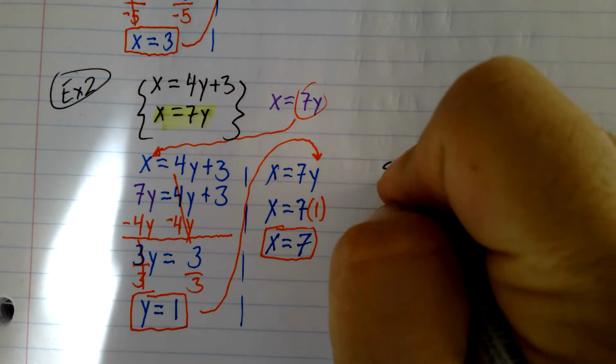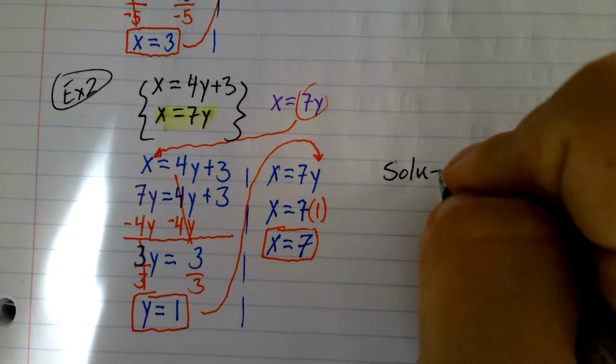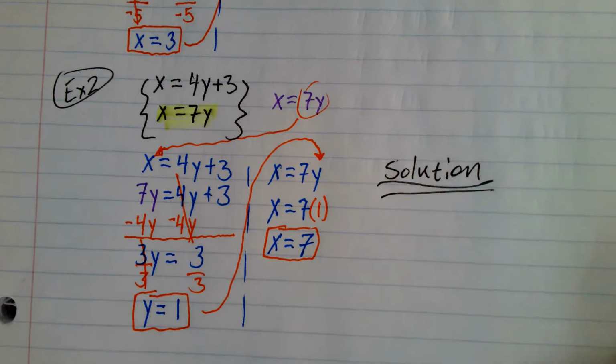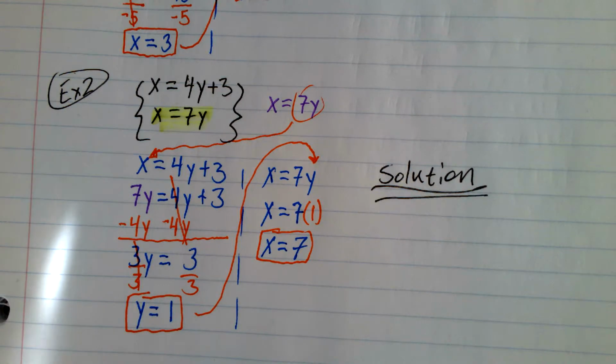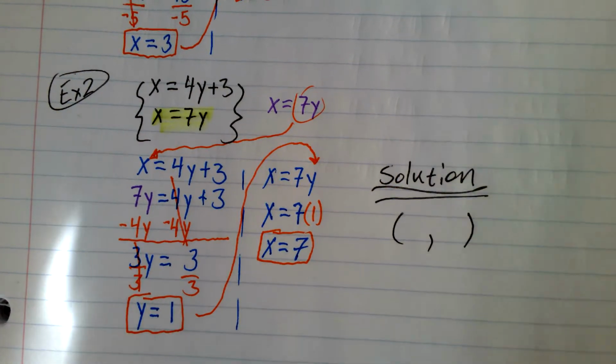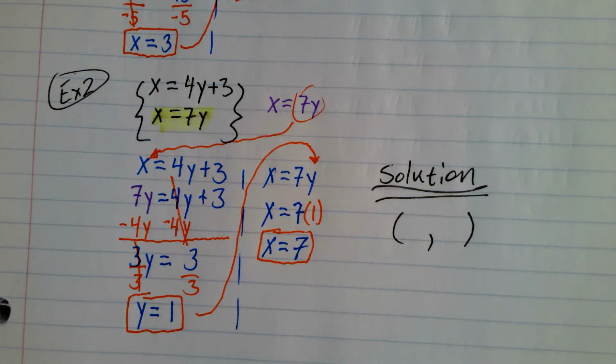So I have my answer for x. Okay. So let's write down the ordered pair solution. If I were to graph these two lines, where would they intersect? What are the xy numbers for their intersection? Got to be careful.